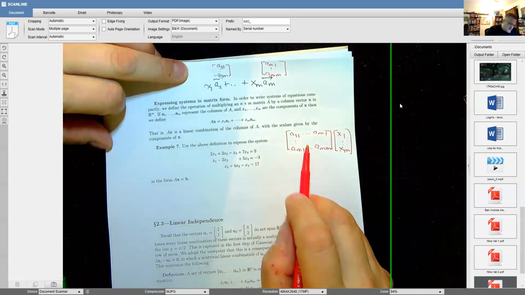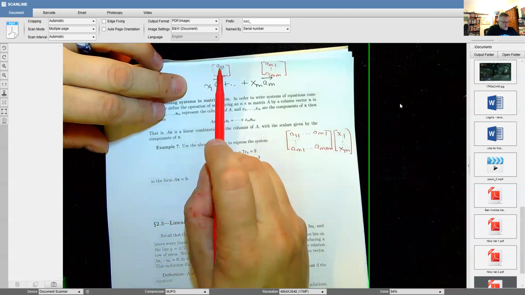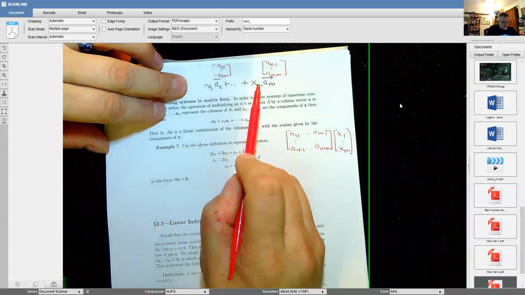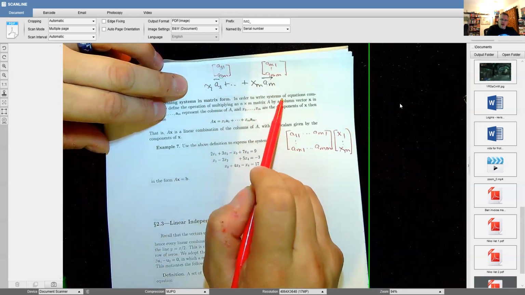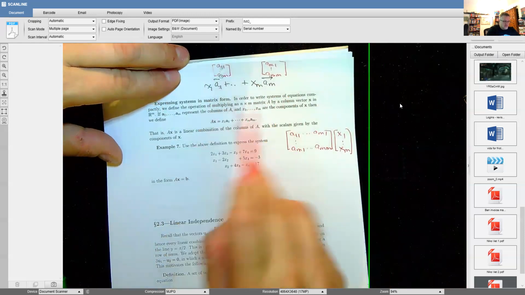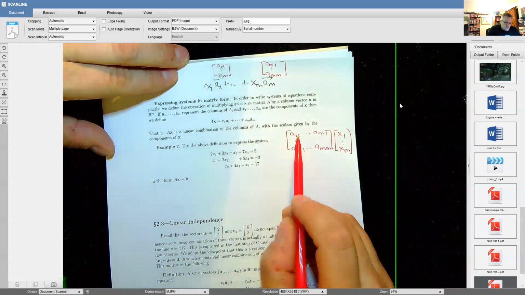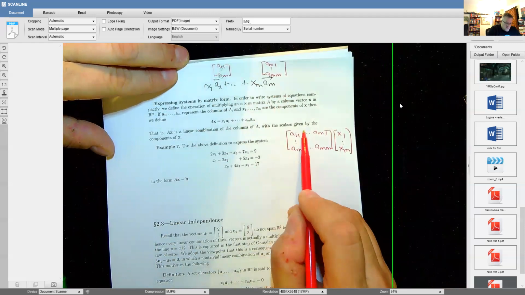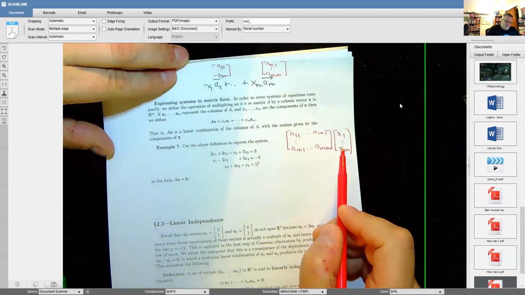And so what I'm defining here is: if you were to multiply each of these vectors by these scalars and then add corresponding entries across like you would add vectors, then the first component of the resulting vector is obtained symbolically by multiplying corresponding components of this matrix by the components of that, right?